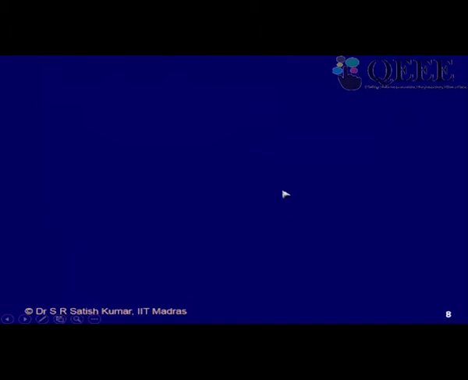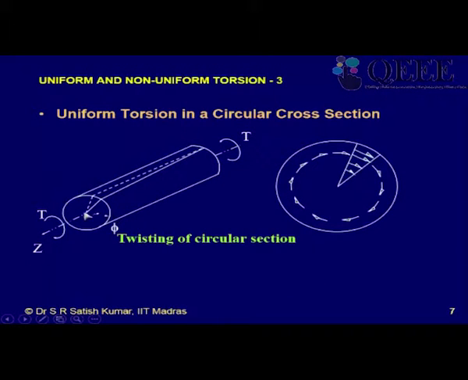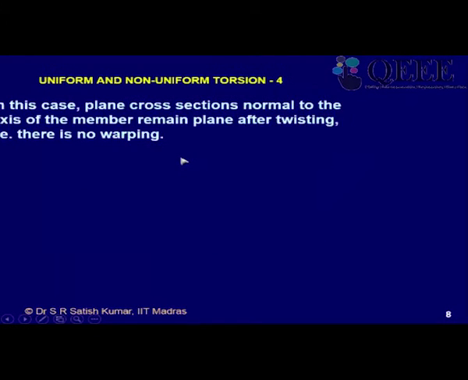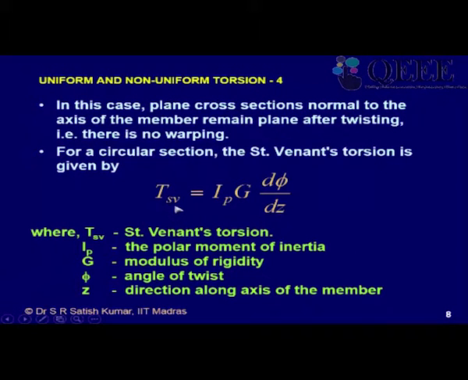So here I'll just go back one slide. This phi is defined as the angle of rotation over a certain distance. So if this length is x or dx, then it will be rotating by d phi. Okay, so that is what we are looking at here, and so we get the SV. SV stands for Saint-Venant torsion. The total torsion is resisted as G into IP, where IP is called the polar moment of inertia.